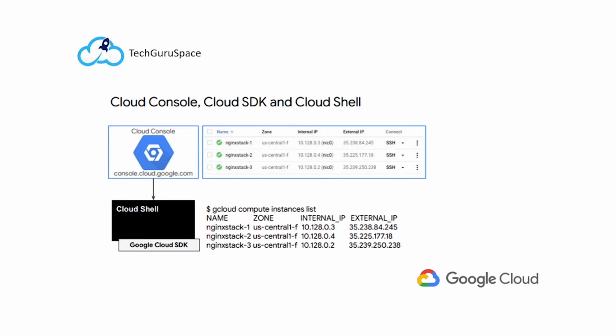For example, you can list your virtual machines and their details as shown on the bottom with the gcloud compute instances list command. Google Cloud will also provide you with Cloud Shell, which is a browser-based interactive shell environment for Google Cloud that you can access from the Cloud Console.